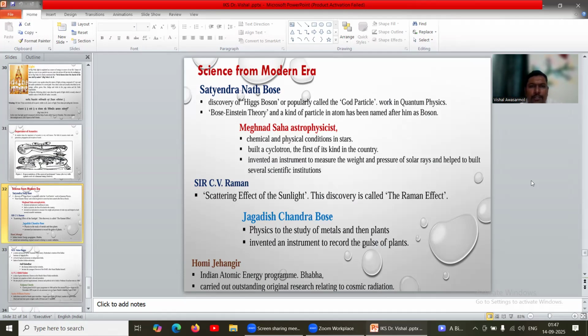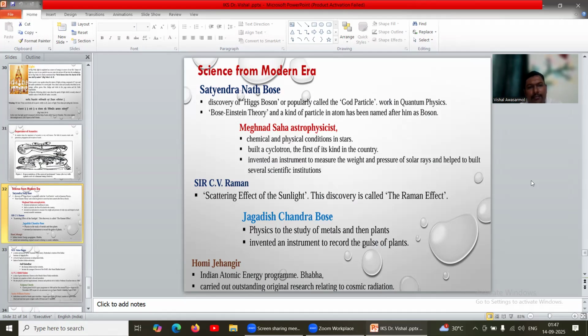Meghanad Saha, astrophysicist, studied chemical and physical conditions in stars, built a cyclotron, the first of its kind in the country, invented the instrument to measure the weight and pressure of solar rays, and helped to build several scientific institutions.